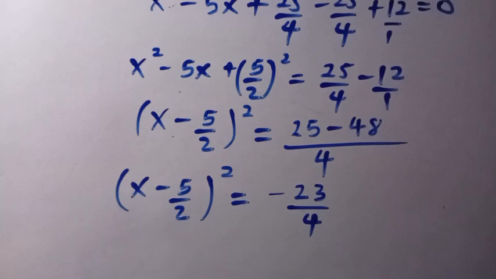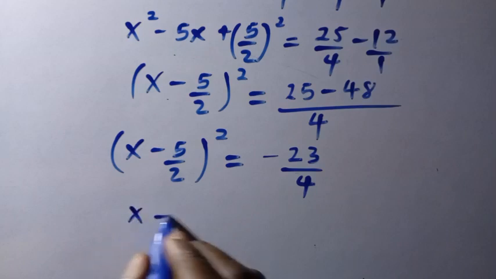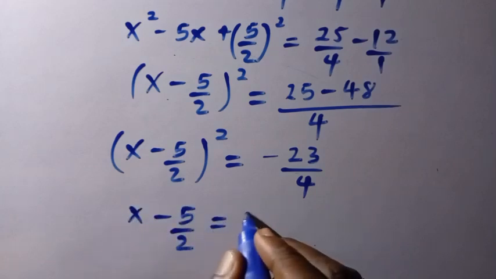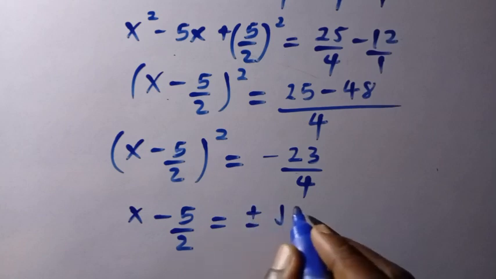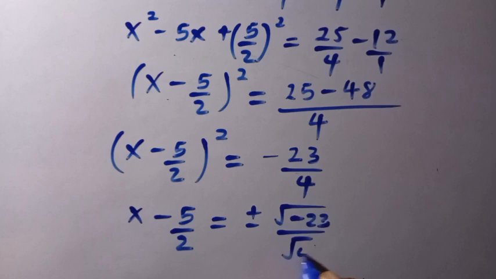And then let's take the square root of both sides. By squaring both sides, this and that square cancelled. And here is x minus 5 over 2 equals plus or minus square root of minus 23 divided by square root of 4.